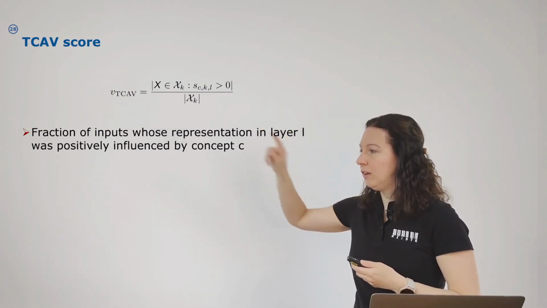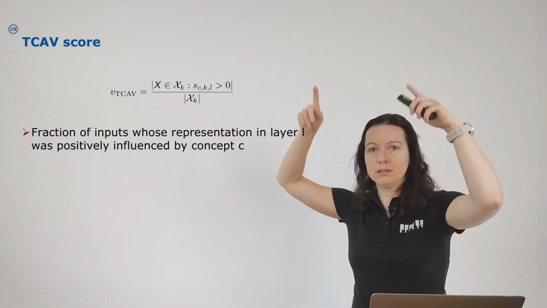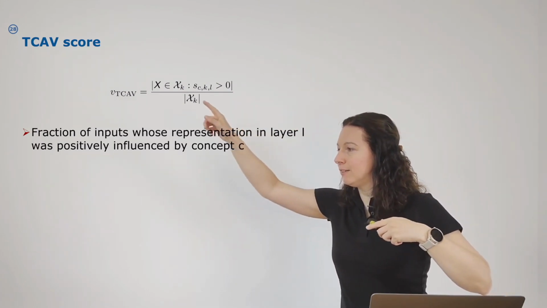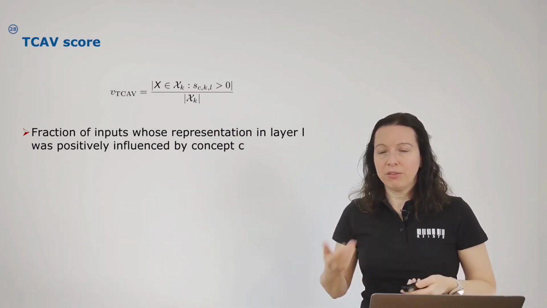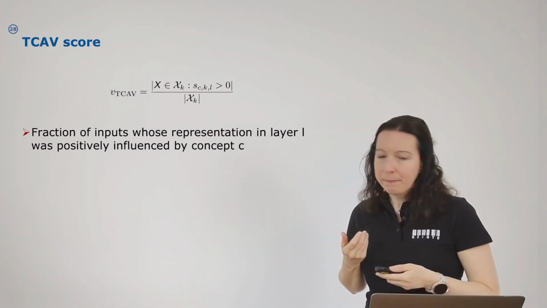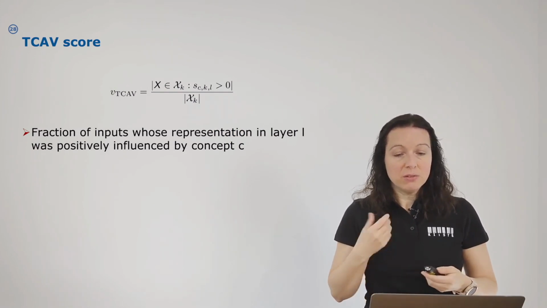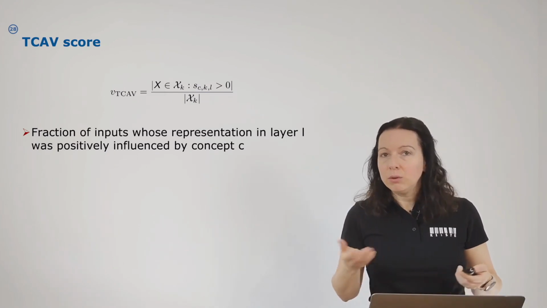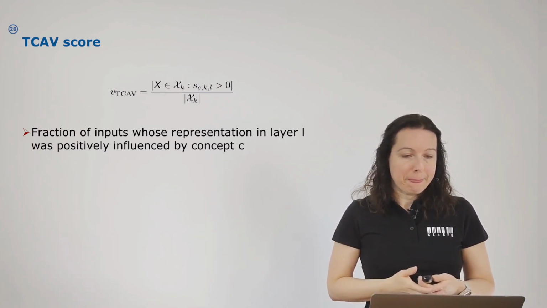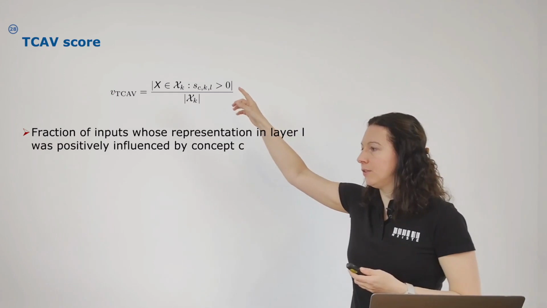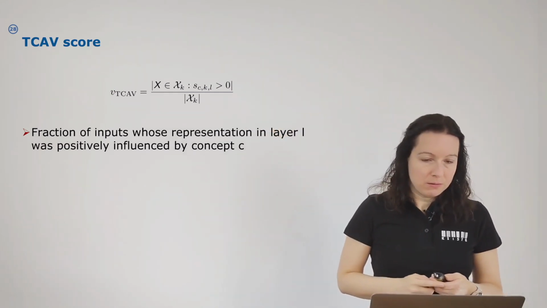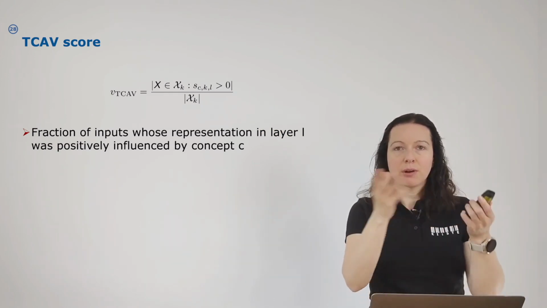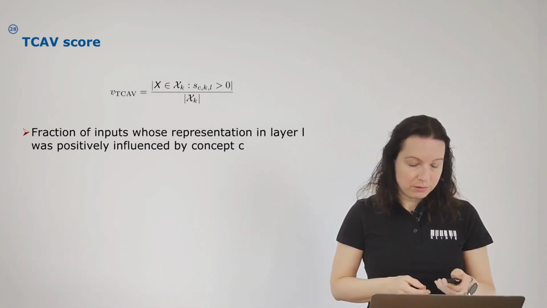This is what you can see here. This notation here means the number of images you tested. And yeah, the magnitude is not included in this equation, but of course it could be. We just tested if it's larger than 0 to get an impression of whether the zebra and stripe concept belong to each other.